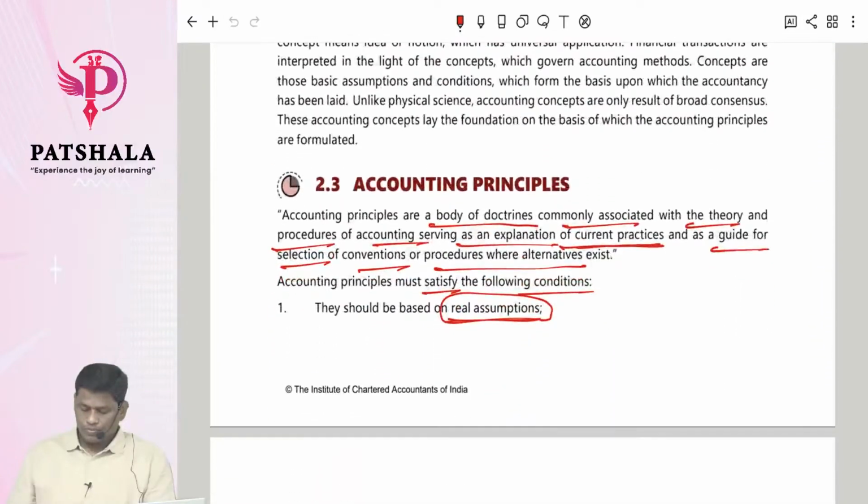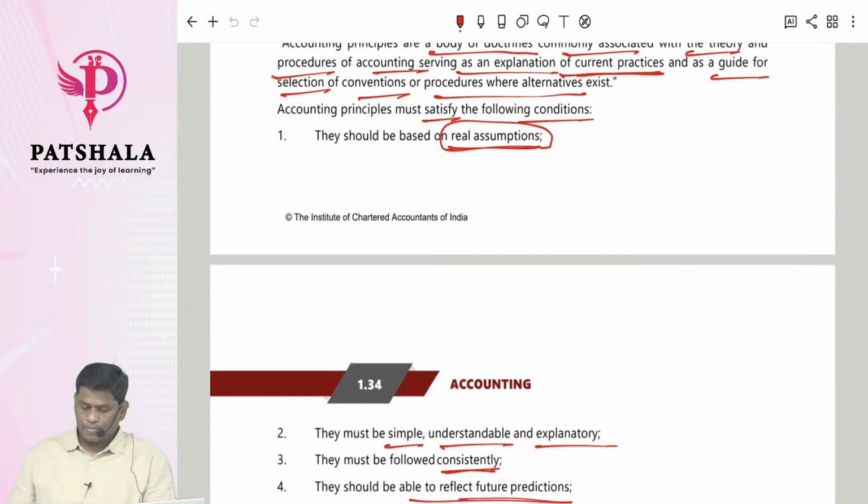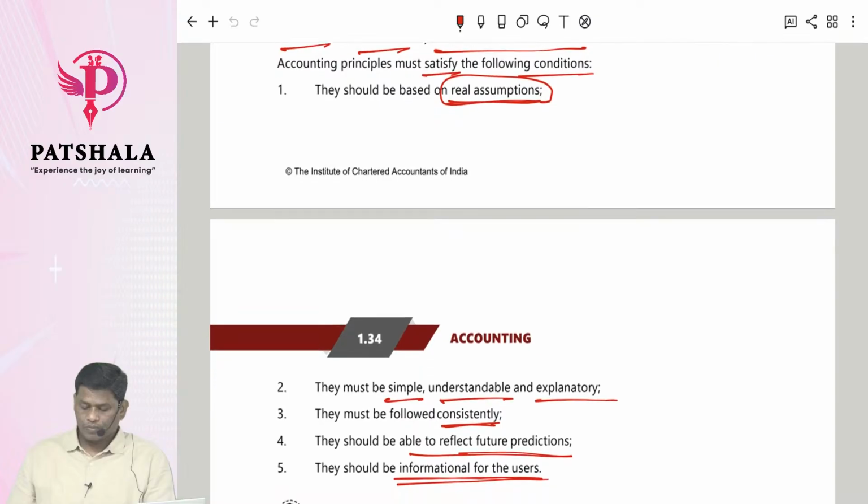So, accounting principles must satisfy the following conditions.